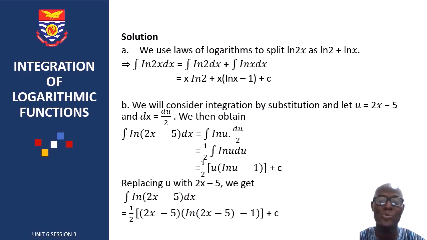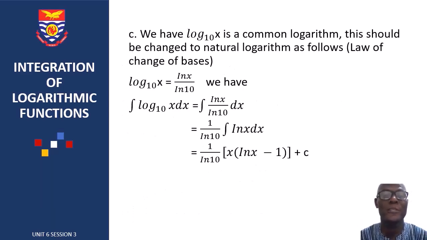Now we replace u with 2x minus 5, and that gives the integral ln into braces 2x minus 5 dx to be equal to half into square brackets, then braces 2x minus 5, another braces ln 2x minus 5 minus 1 plus c.